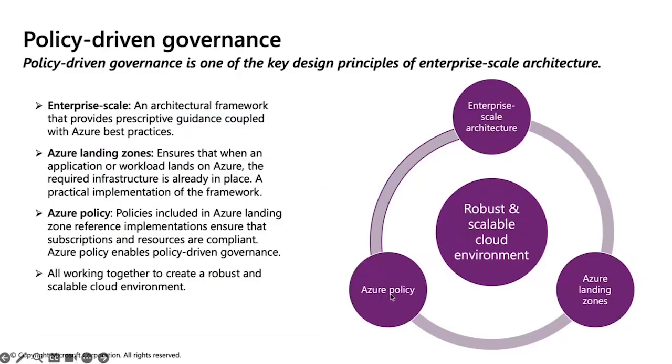And Azure Policy gives you the capability to address your compliance requirements in your implementation. These all three things work together, and then you can create a robust enterprise deployment where you are following the enterprise scale architecture framework, also logical isolation based on subscription, and also following your policies to achieve compliance requirements.